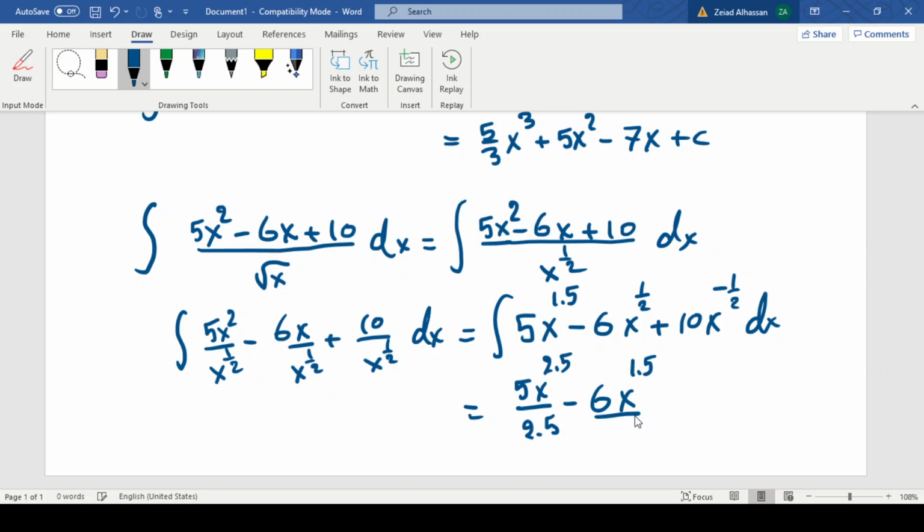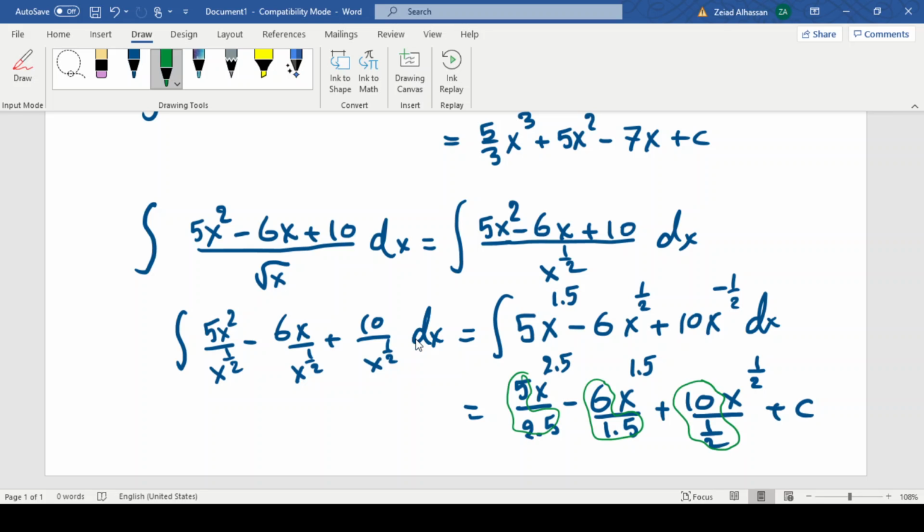Then we can simplify the numbers. If you calculate this using your calculator, you can simplify the numbers. Okay, that's the first part of integration, which is the last chapter in P1.